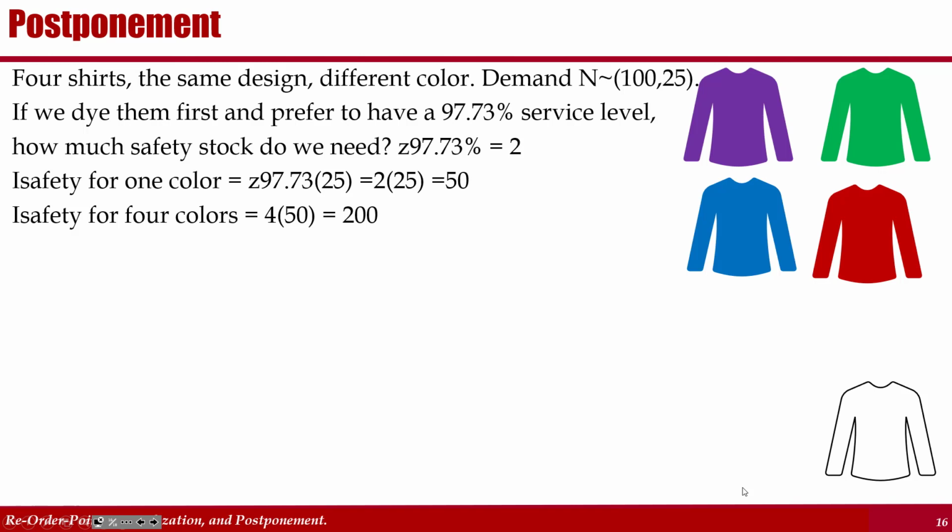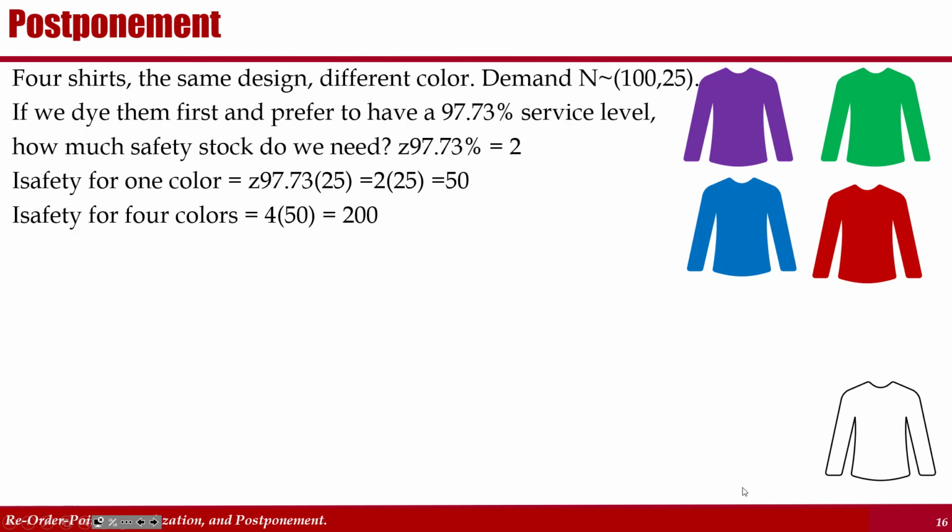And the general rule of statistics is that when we add several random variables together, their averages are added, but their standard deviations are not added. Their variances are added. Because here we assume that average and standard deviation for all products are the same, the average would be 4 times 100, but the standard deviation will not be 4 times 25.